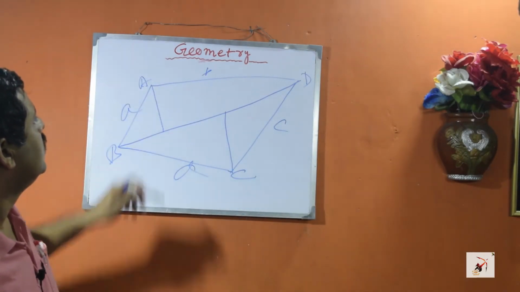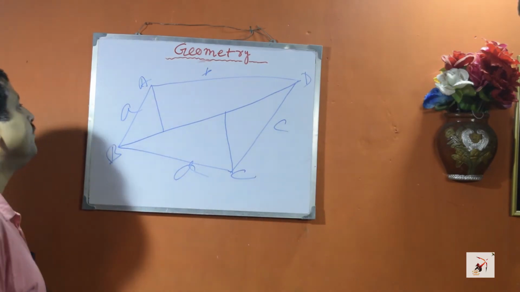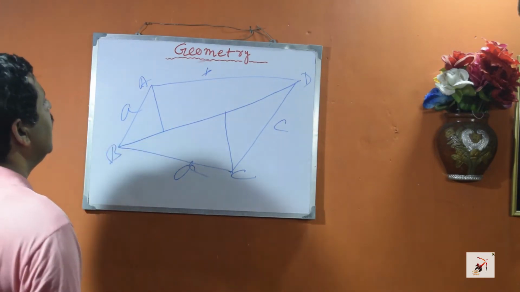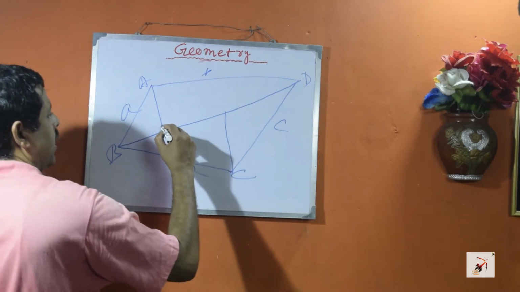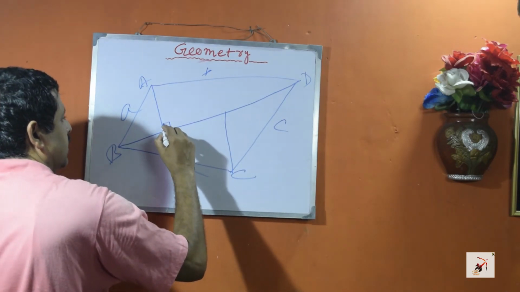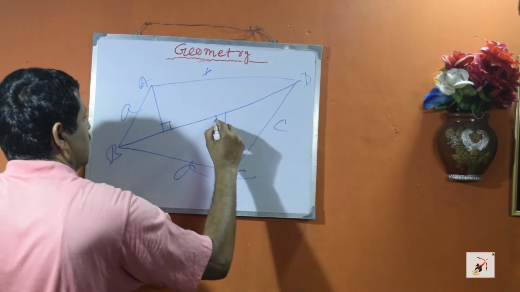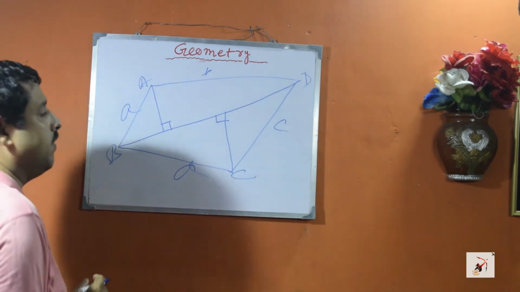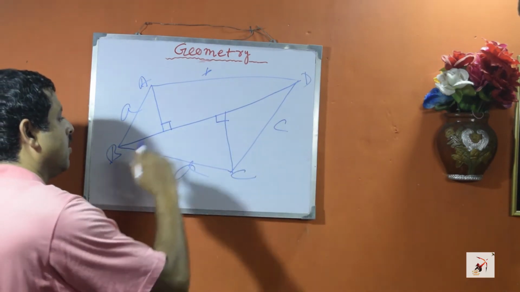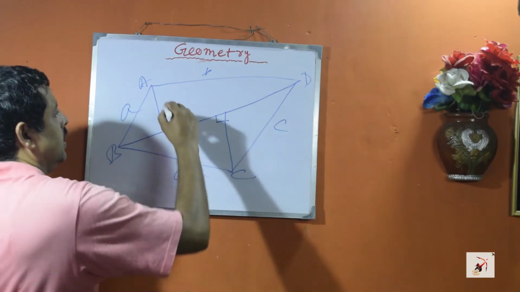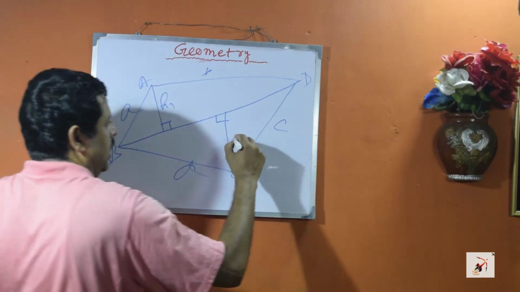Now draw two perpendiculars on this diagonal from the vertices A and C. Suppose this is H1 and this is H2.